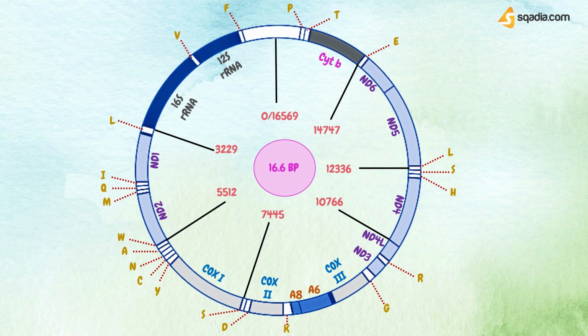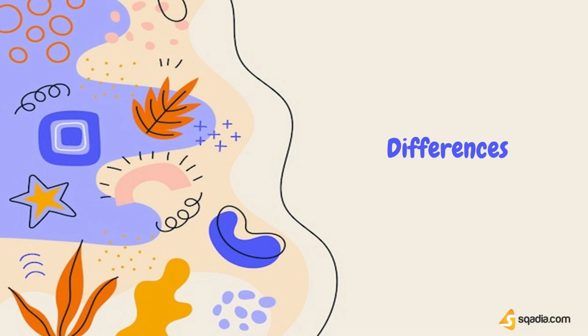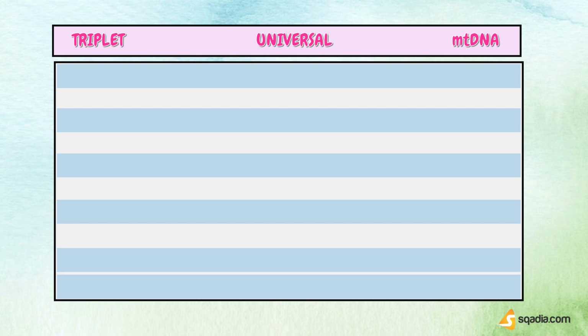Now let's discuss differences between the universal and human mitochondrial genetic codes. UGA is a stop codon, but in mitochondrial DNA, it codes for tryptophan. AGG codes for arginine, but in mitochondrial DNA, it is a stop codon.